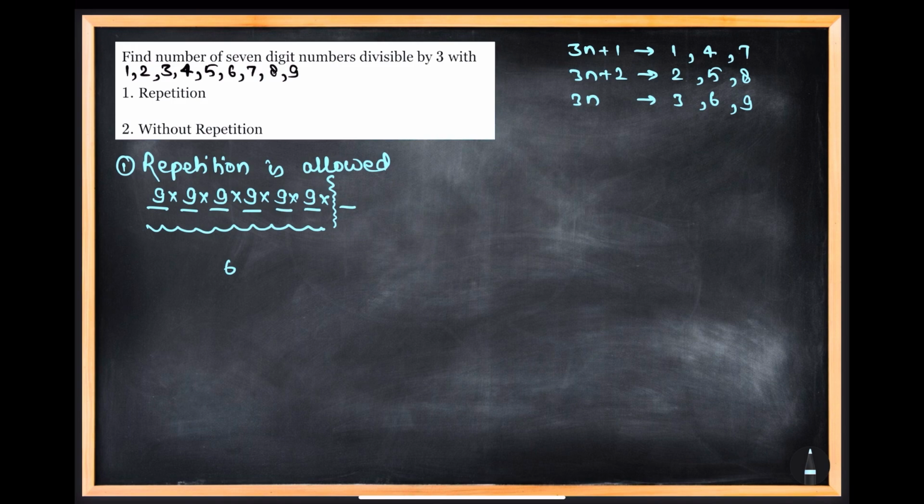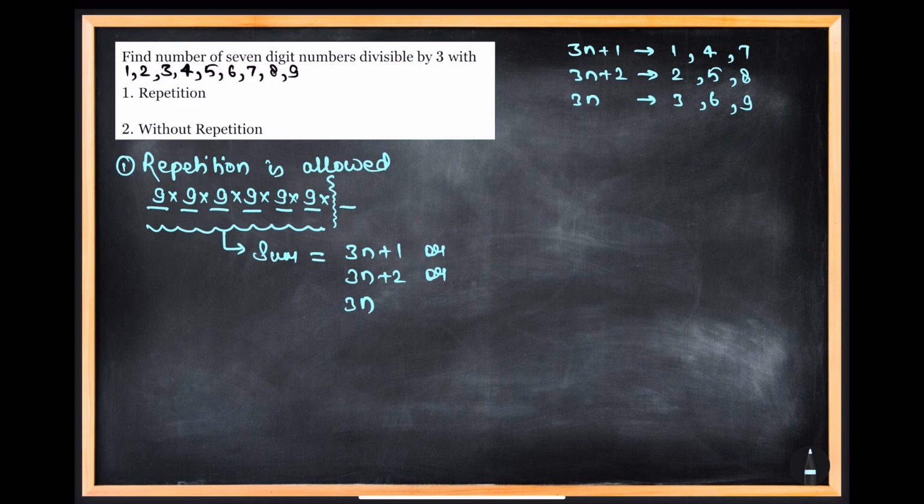Now what I want you to tell is, the sum will always be either 3n plus 1 type, or 3n plus 2 type, or 3n type.